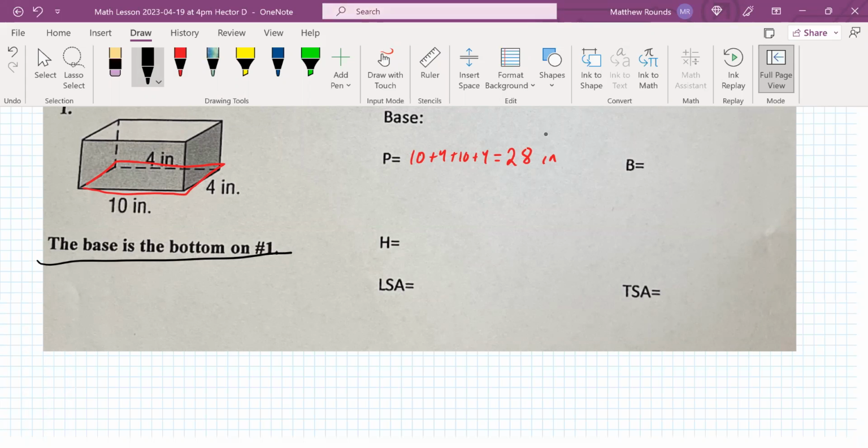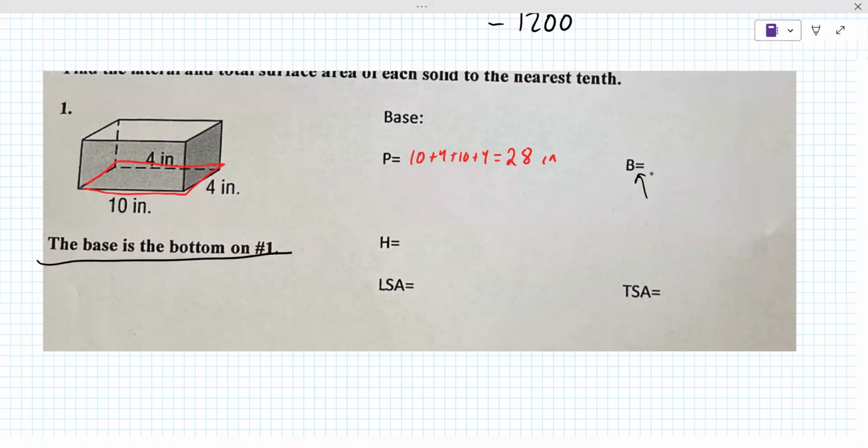All right, so B means the area of the base. That's 10 times 4. That's 40 inches squared. All right, so they give you formulas. Why do they call it H? Height of the prism.